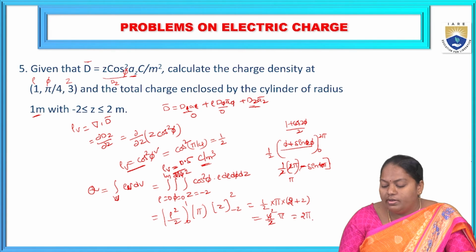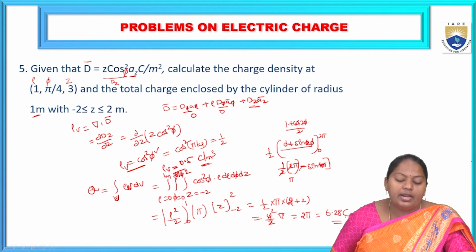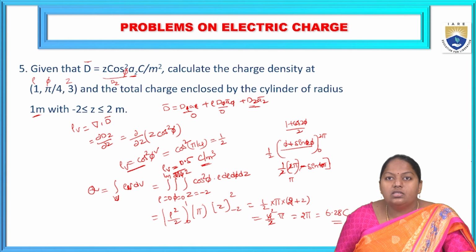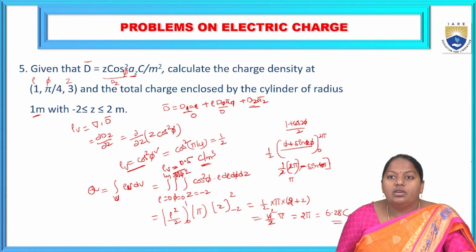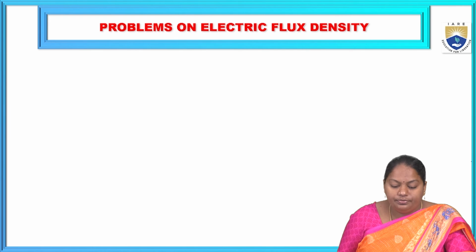As we know the pi value is 3.14, 6.28 coulombs are obtained. This is the way, if the electric flux density is given, to find the charge that exists in that region. And electric charge is measured in terms of coulombs.